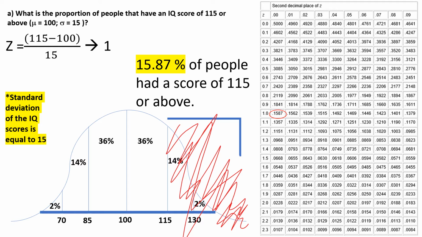Think about it conceptually: the proportion we got from the z-table, and how that translates to this distribution, in relation to this question, because it's asking above 115.